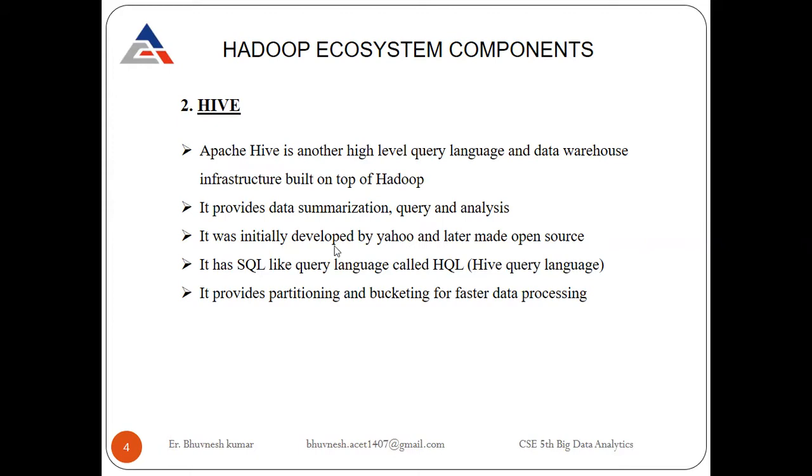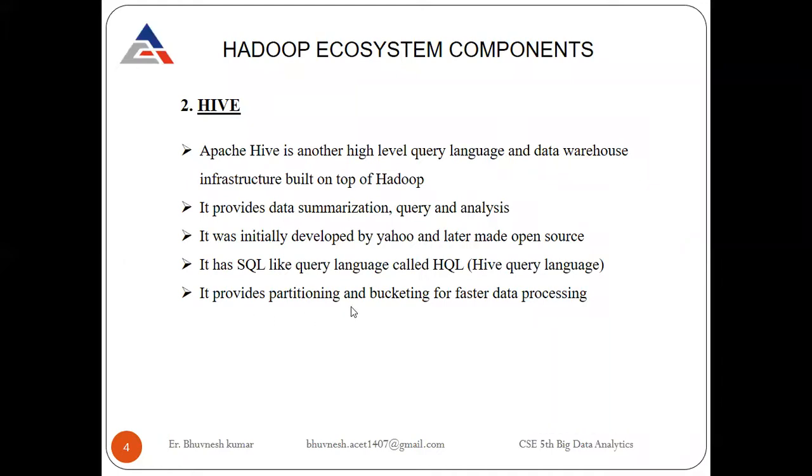Next, it was initially developed by Yahoo and later made open source. The same way Hadoop was initially developed by Yahoo, then donated to Apache. It has an SQL-like query language called HQL, the Hive query language.